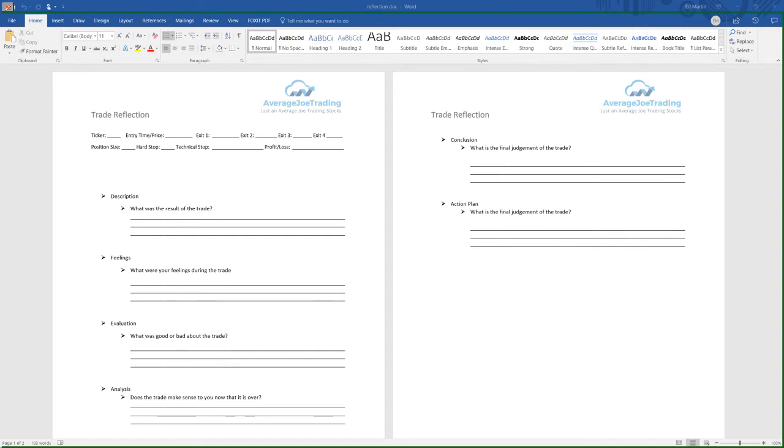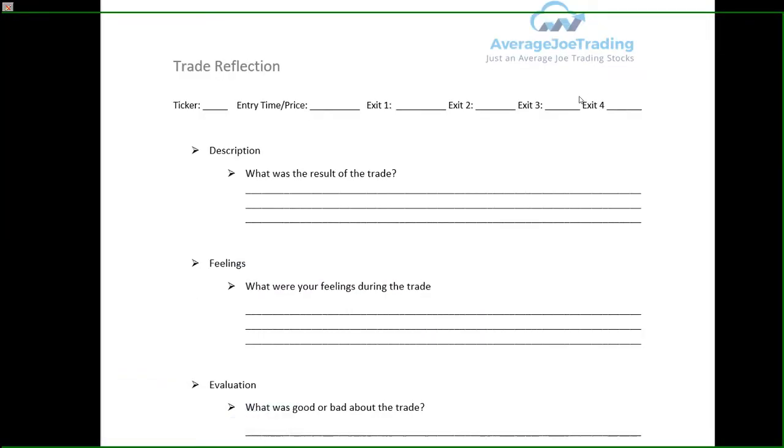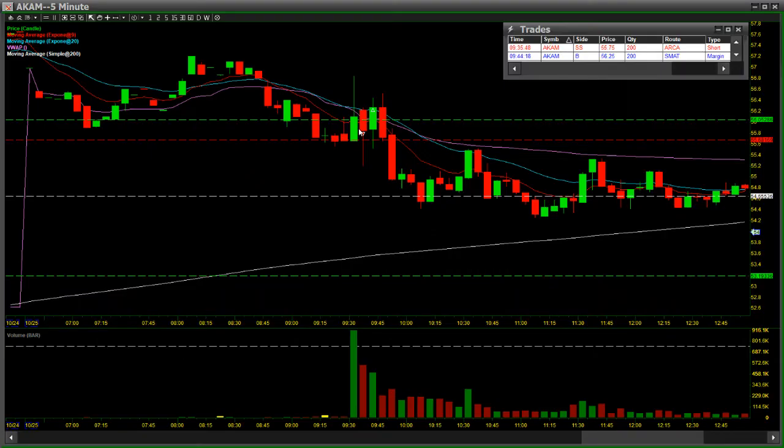So let's flip to the next screen. Let's take a look at the trade here. All right, so the strategy was opening range breakdown. Okay, that was the strategy.